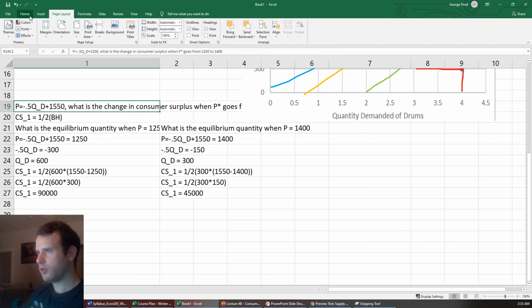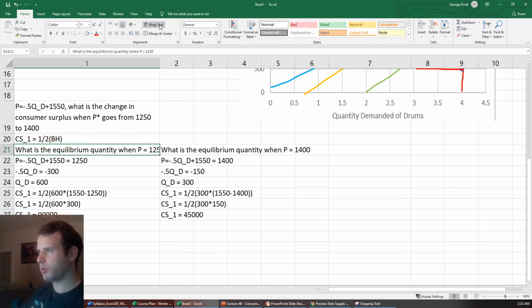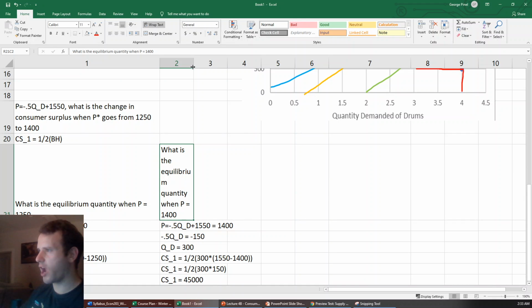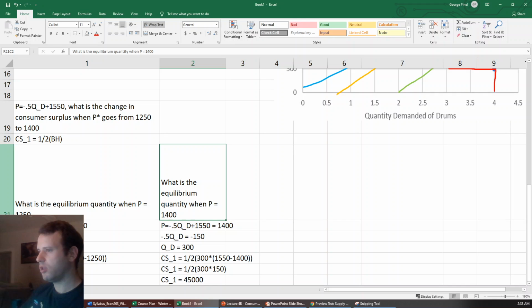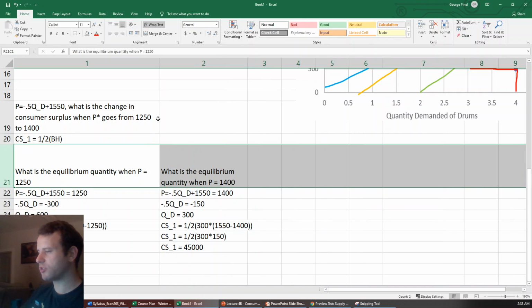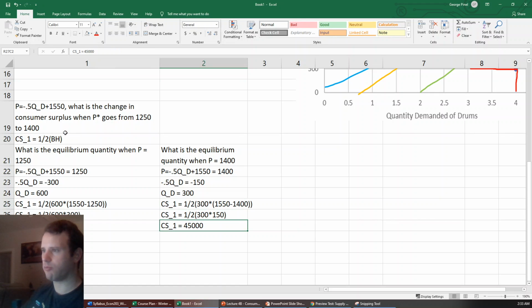First we found the equilibrium quantities. That formed the base of our triangle. And then the difference between the intercept and the price, P star, was the height of our triangle. That's basically getting at the max willingness to pay minus the price paid. And finally, once we had that, we just needed to plug it into the 1/2 base times height formula.